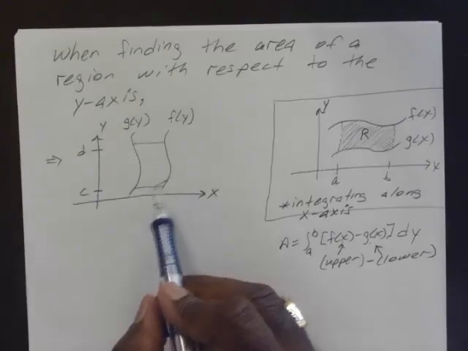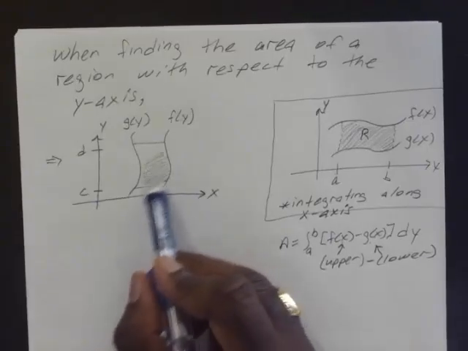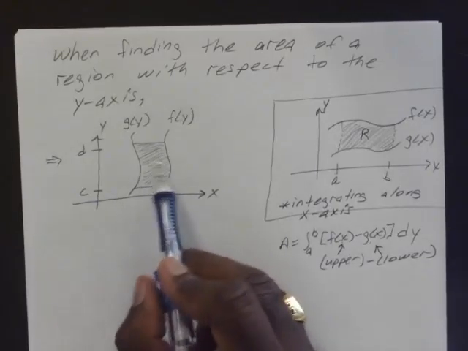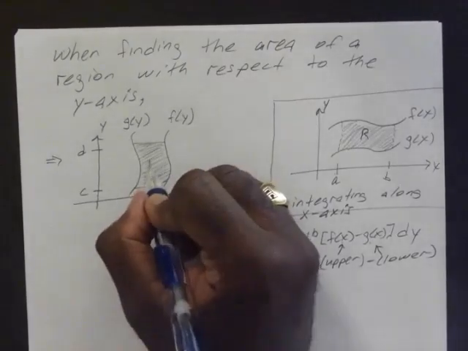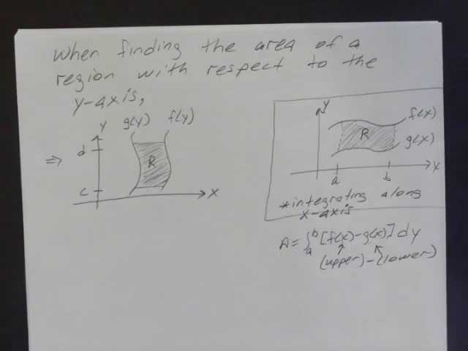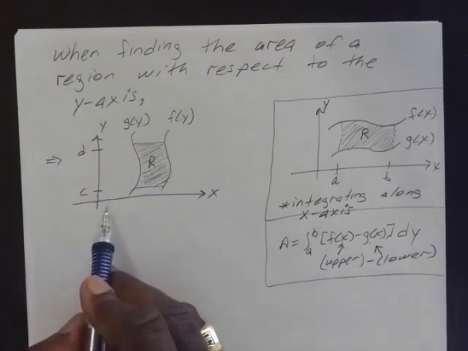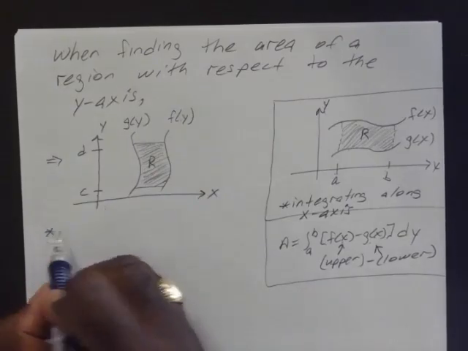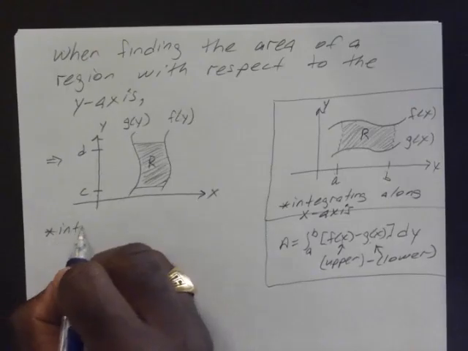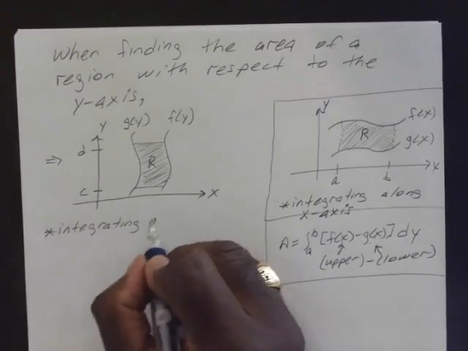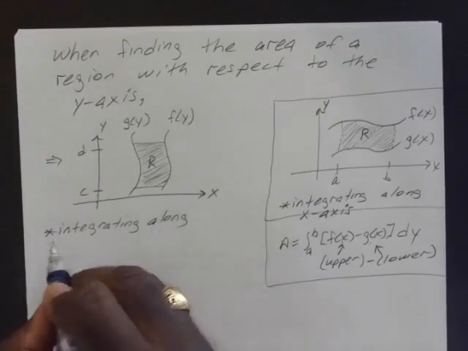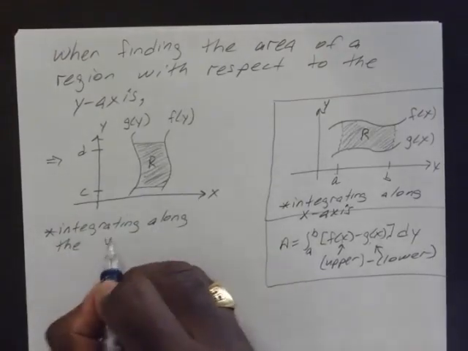So now we have this vertical region. Move that over. This is the one that's integrating along the y-axis.